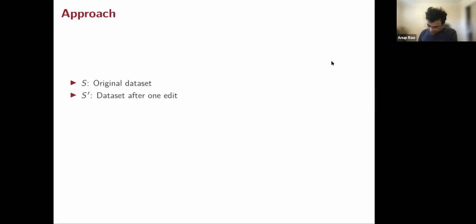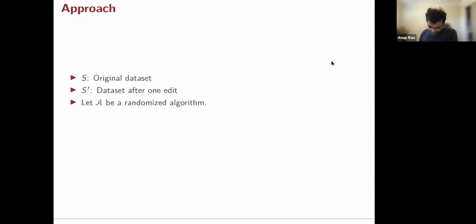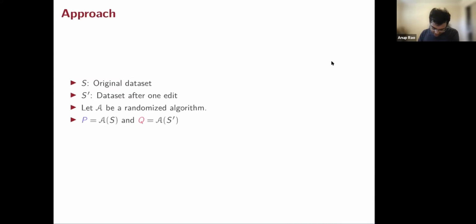So here is our approach. We have, say, a data set S, we get one deletion request, and the updated data set is S prime. Our randomized learning algorithm is A. Say the output distribution is P when the learning algorithm is run on the data set S, and it's Q when it is run on S prime.